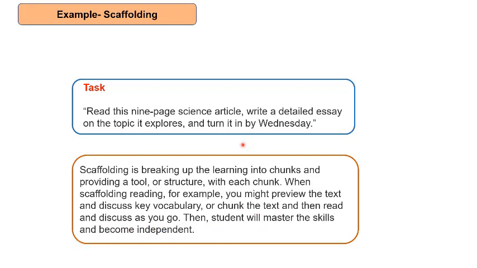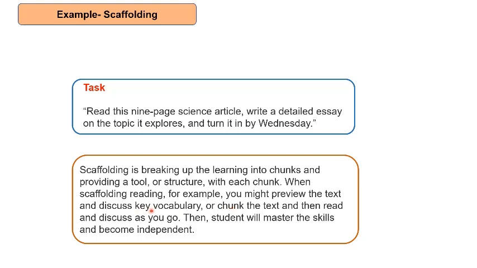So here, the students are not going to read the science article in one session or in one class, but the teacher splits the article into different pieces, and the students read, and then the instructor or the teacher discusses with them.